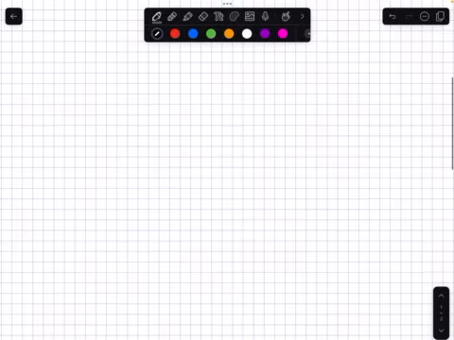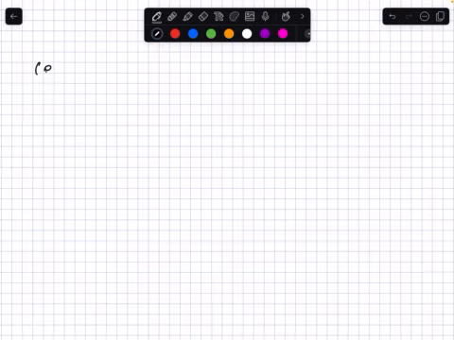So let's say we're given the point 0, 1, and we say that the line has a slope of negative 3. So here we're given a point and a slope.